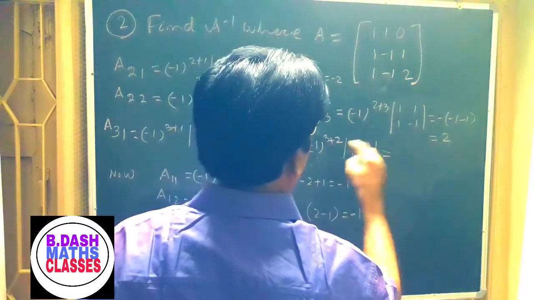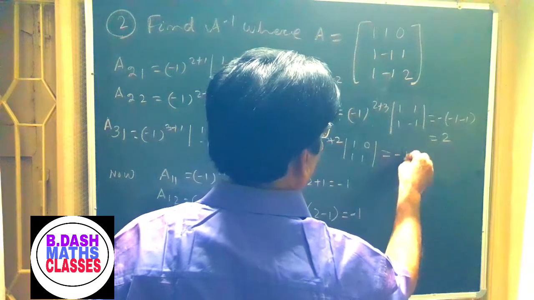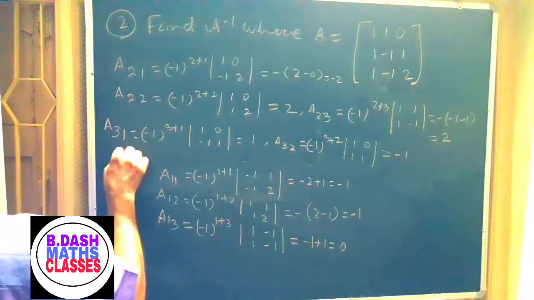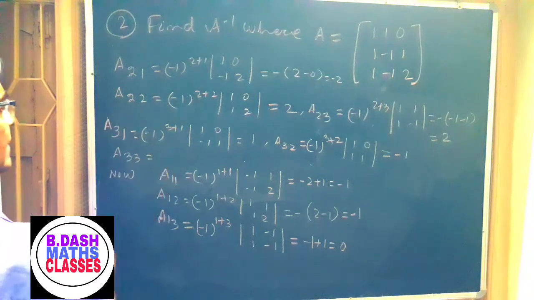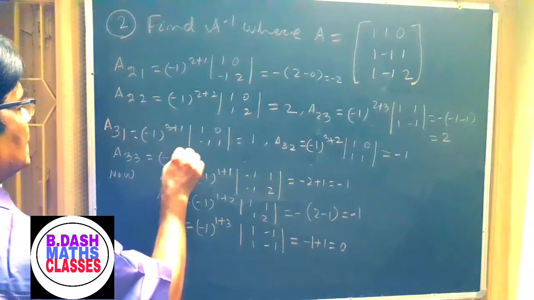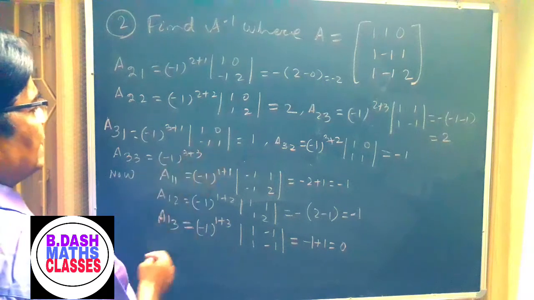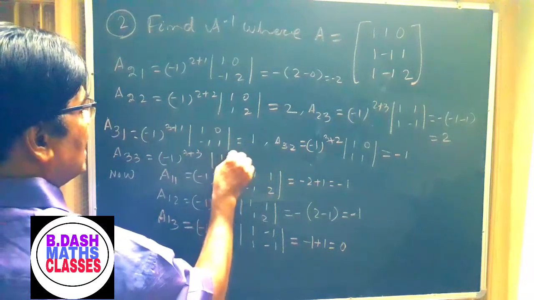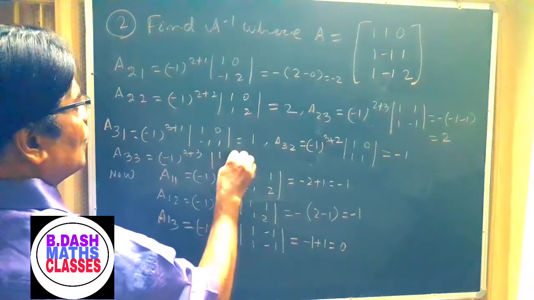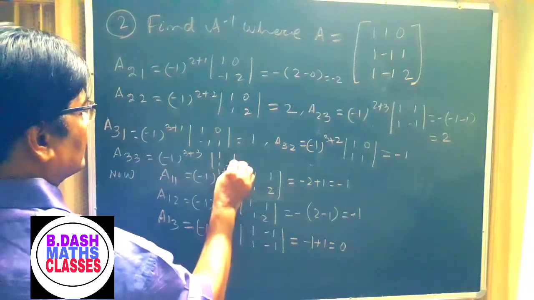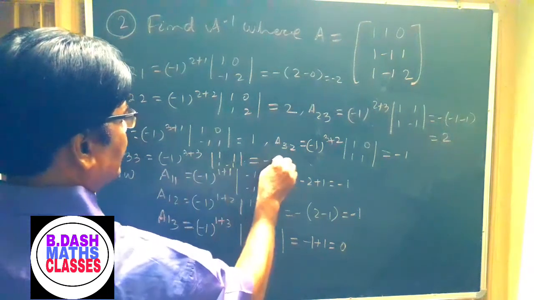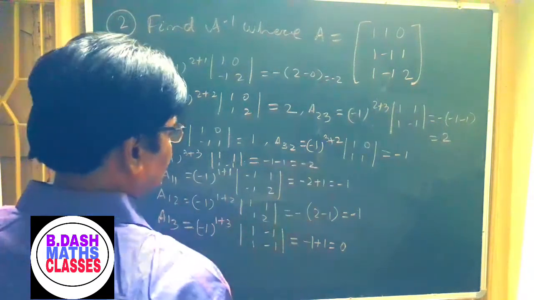So this will be minus 1. Then the cofactor of A33 we have to find. So that is minus 1 to the power 3 plus 3. This is 1 1, 1 minus 1. So it will be plus, this is minus 1 minus 1, which is minus 2.